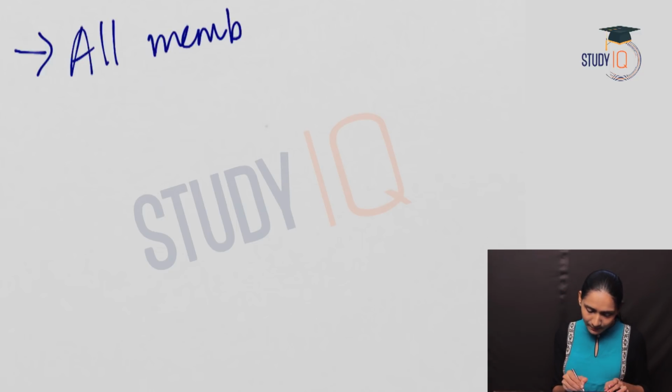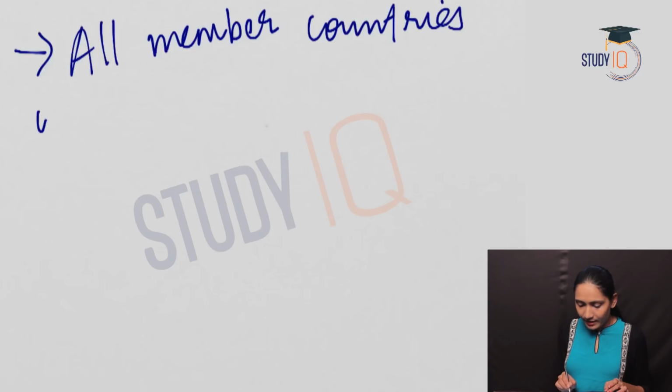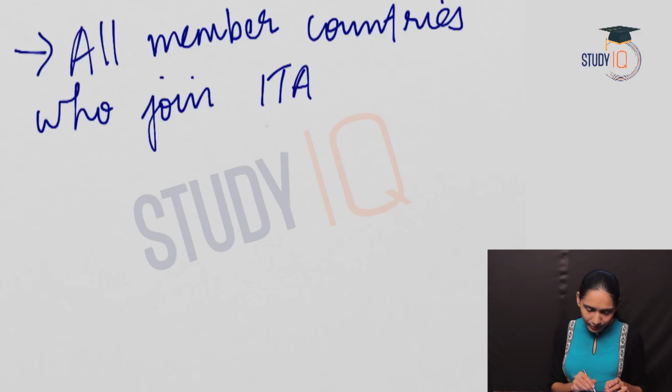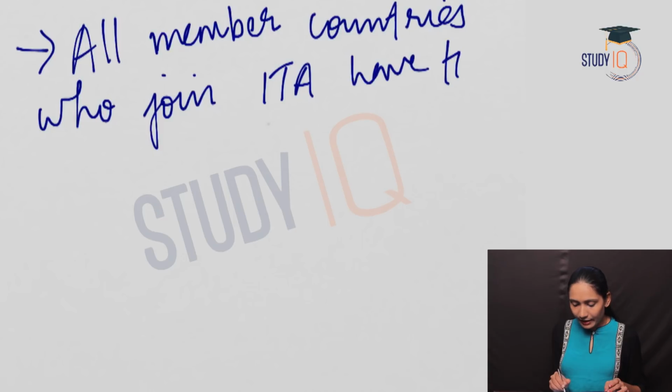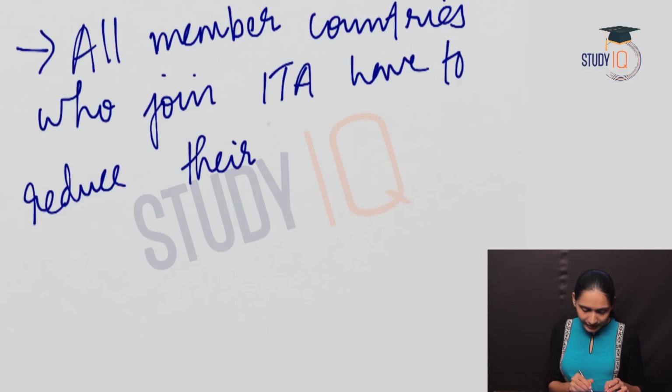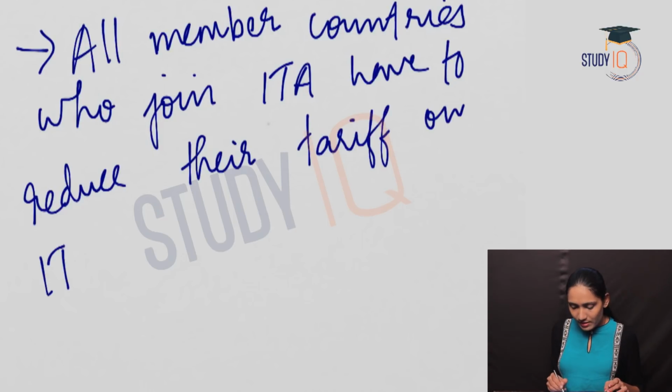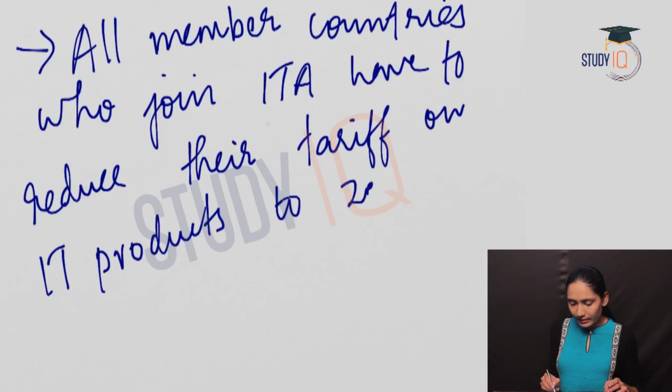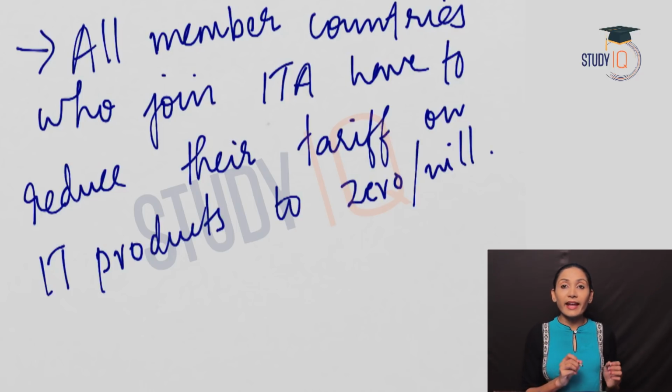Whoever member country joins the ITA will have to reduce their tariff on electronic items to 0 or nil. So this is the agreement.